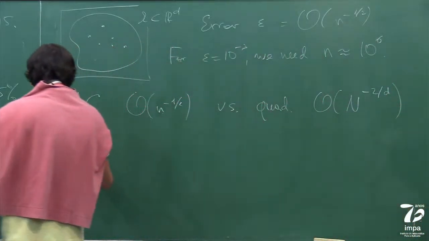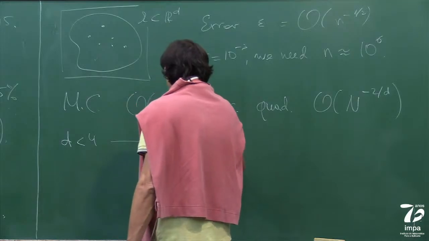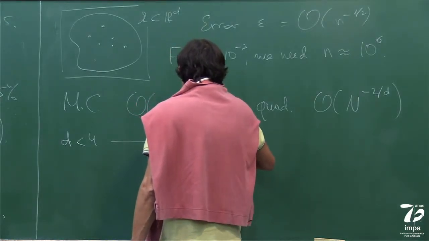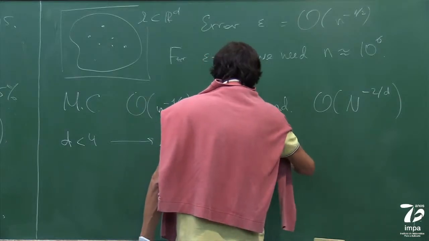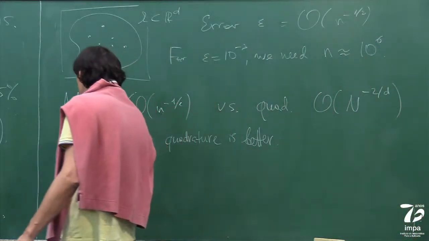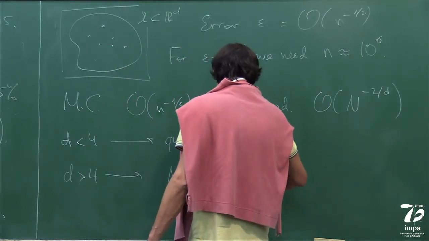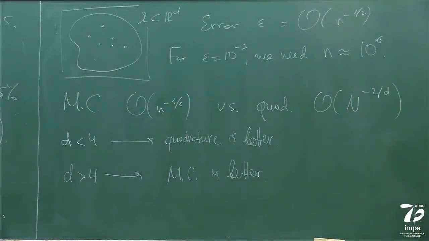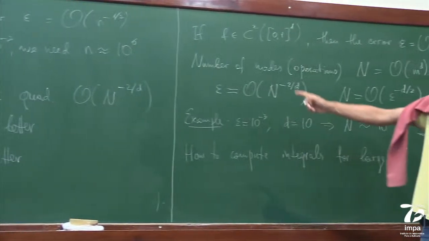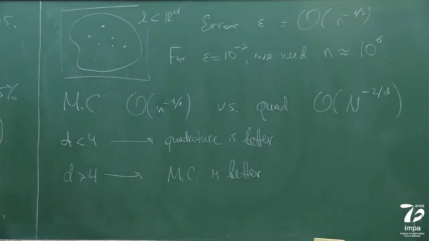So when the dimension is smaller than 4, quadrature is better. So up to dimension 4, you can use quadrature. But if dimension is bigger than 4, then Monte Carlo is better. And for high dimensions, it's enormously better because you see 10 to the 15 versus 10 to the 6. So the Monte Carlo method, though it is heavy, for high dimensions is probably the only way you can use to compute the integral.